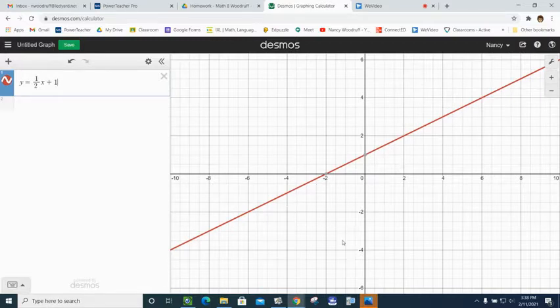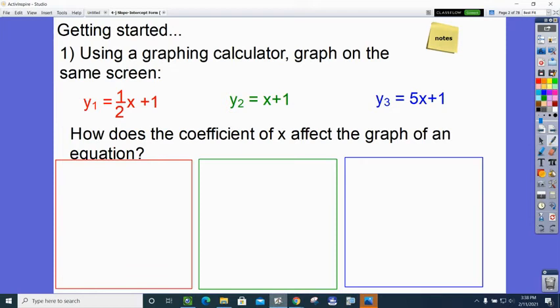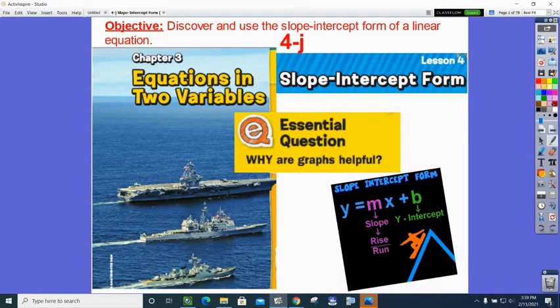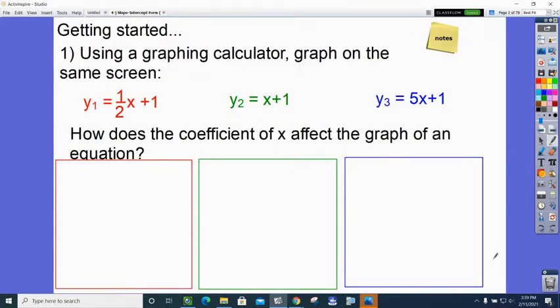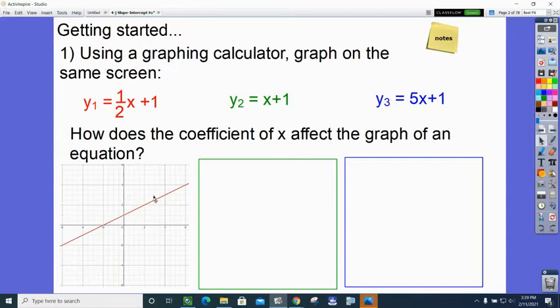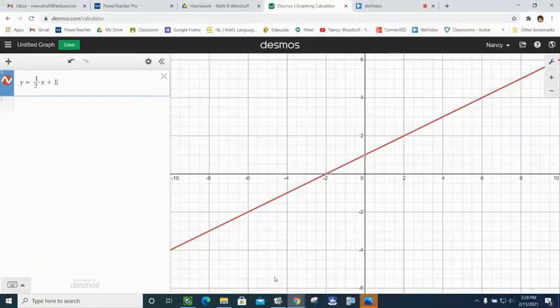So I'm going to go back to what we were just looking at and show you that I basically took a screenshot of that and I put it under this box. Okay, so that's the line we just saw. Is everybody okay with that? Now I'm going to type y equals x plus 1 into that graphing calculator.